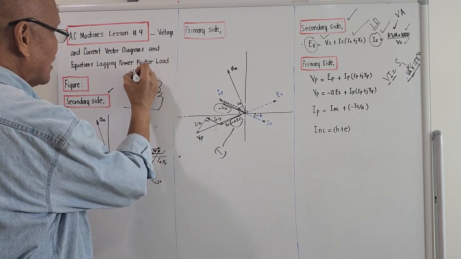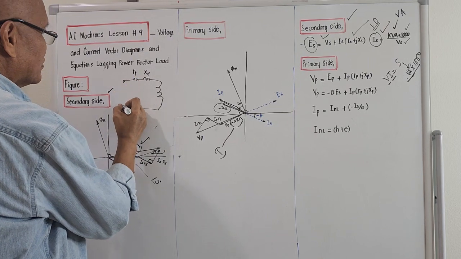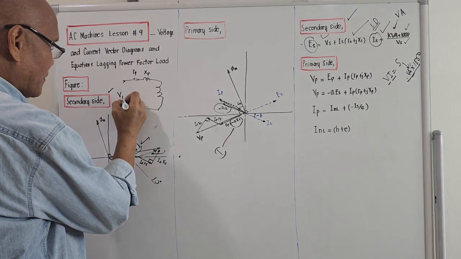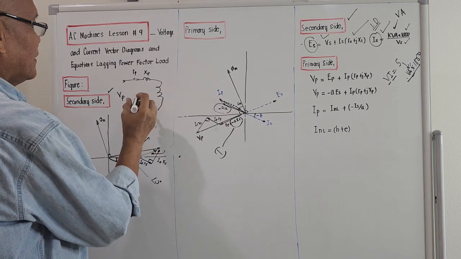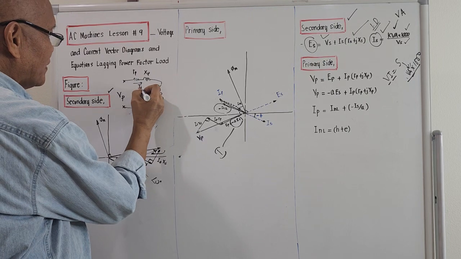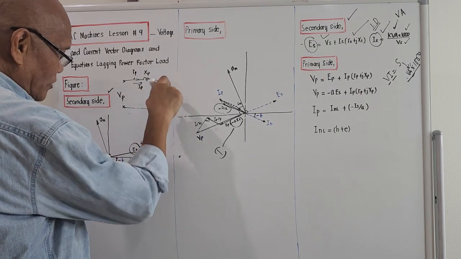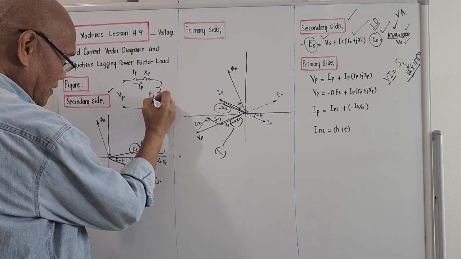This is RP, this is XP, this is the V primary, and the current going in is actually I primary. The voltage induced on the winding is actually E primary.